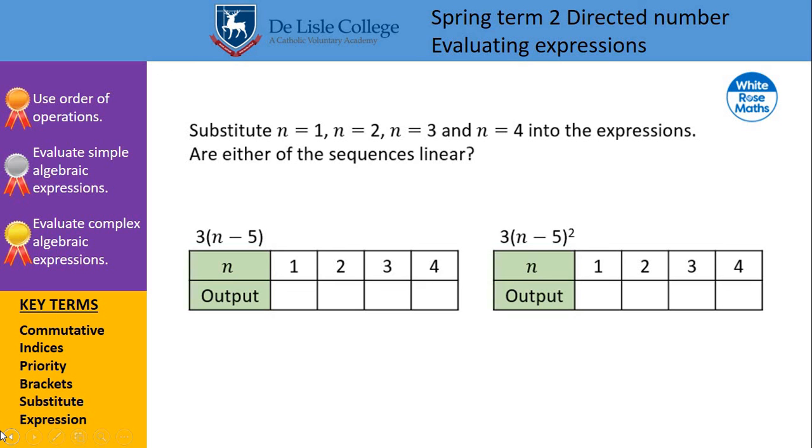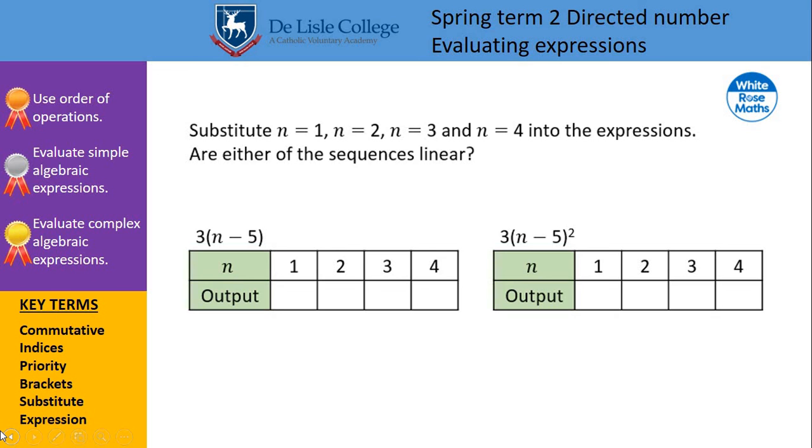For the right hand side, 3 multiplied by n minus 5, which is squared, we should get, when we put 1 in, 1 minus 5 is minus 4. Squaring that, minus 4 times minus 4 would be positive. That would get us to 16, multiplied by 3, 48. Putting 2 in, 2 minus 5 is minus 3. Minus 3 then squared is 9, times 3 is 27.